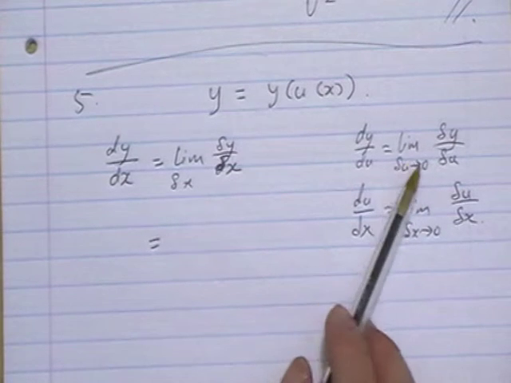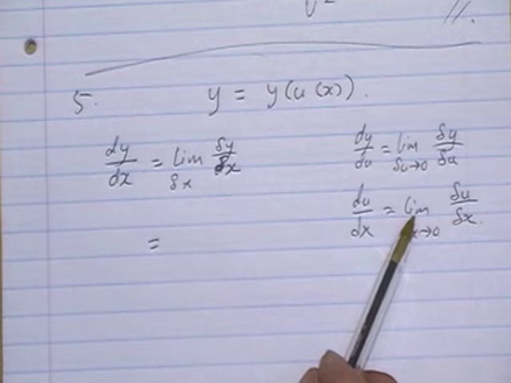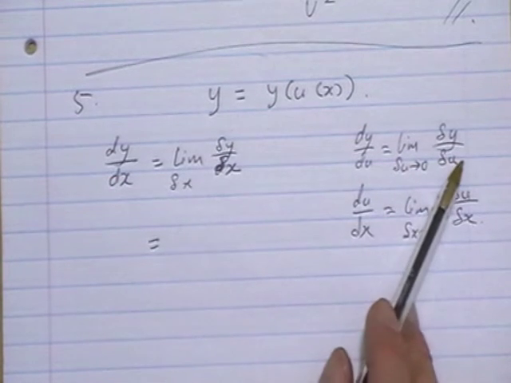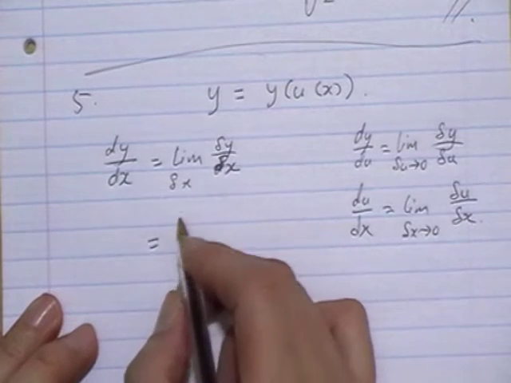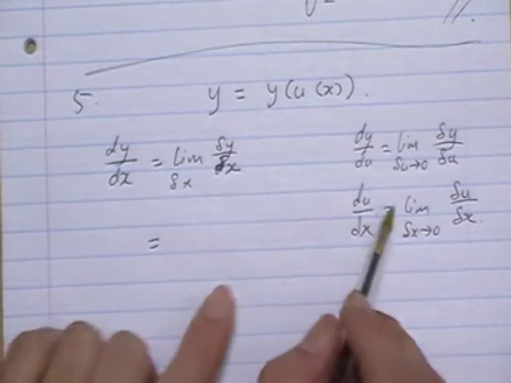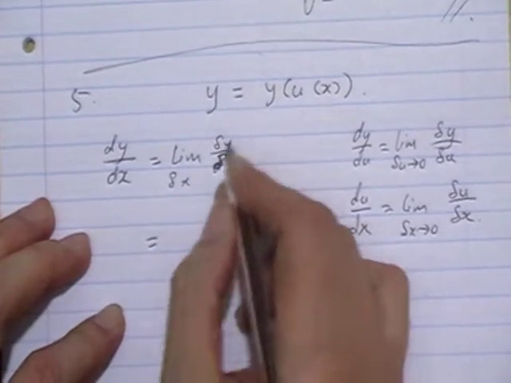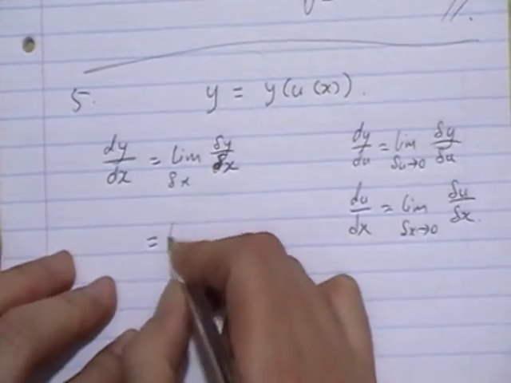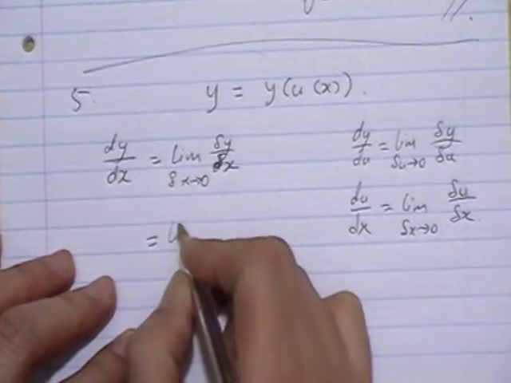Well, I can't just multiply those two because the limits are in the way. But what I could do is do it from this expression where I have this whole thing inside the limit.